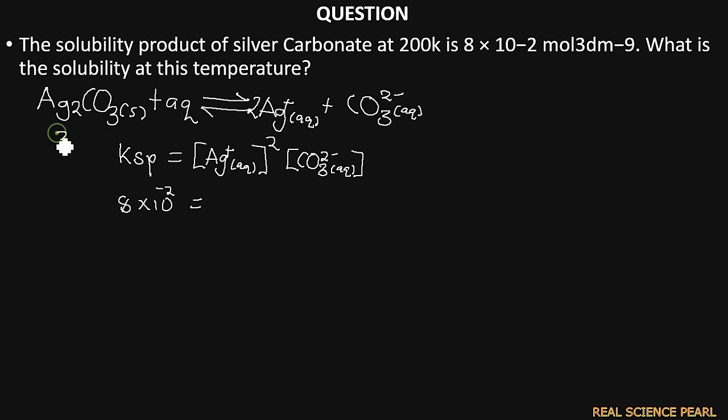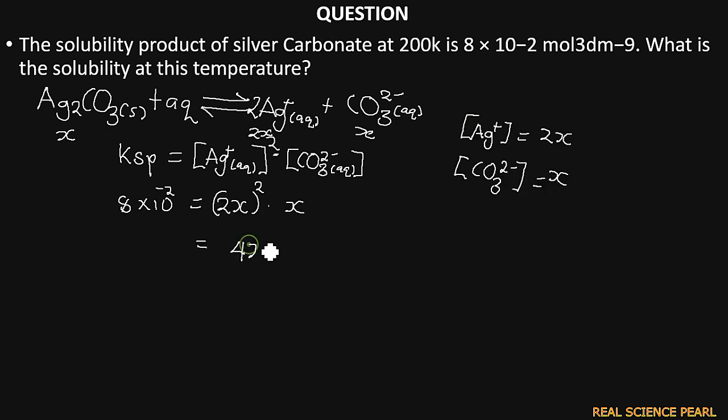Now if we let the solubility of silver carbonate be X, it means silver ions will be 2X, and carbonate will be X. This is going to give us 4X cubed, and our X will be the cube root of 8 times 10 to the negative 2 divided by 4.